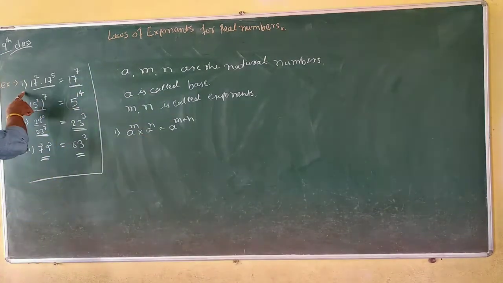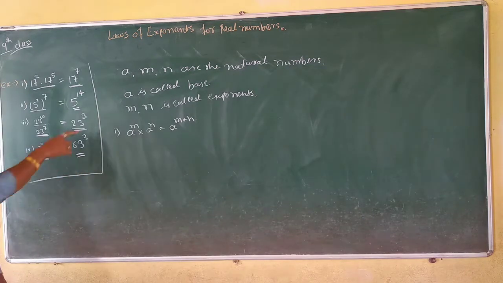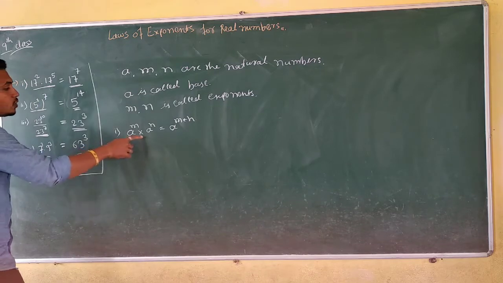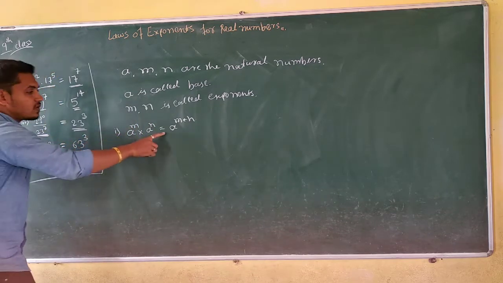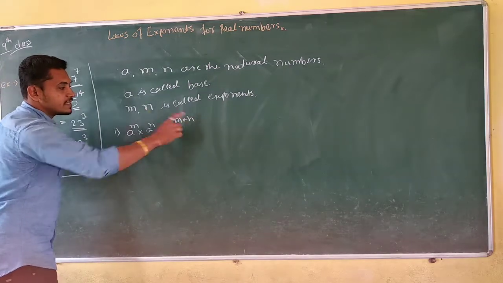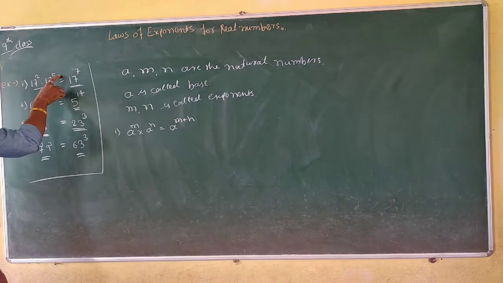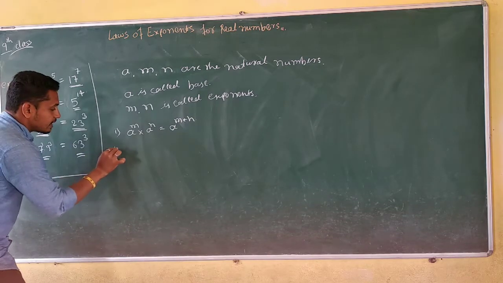See here, now the first example, compare with this identity. a raised to m means 17 raised to 2 into a raised to n means 17 raised to 5 is equal to a raised to m plus n. 17 raised to m plus n means 2 plus 5, which is 7. Is it right? Next is here.